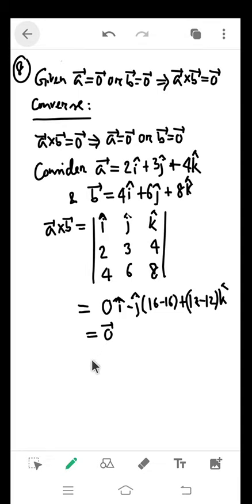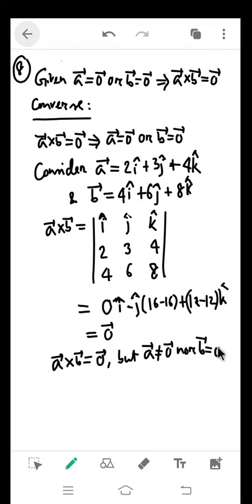Now you have seen that the cross product is 0 but the vectors are non-zero. Therefore you have got A cross B equal to 0, but neither A is 0 nor B is 0. It means the converse is not true.